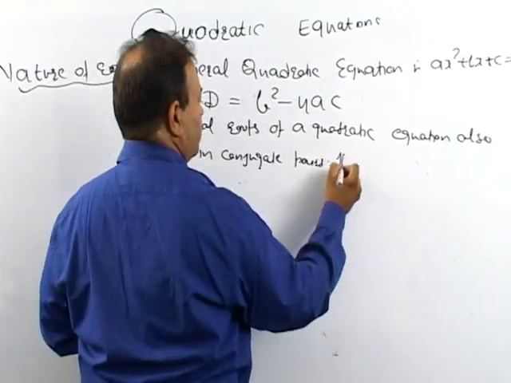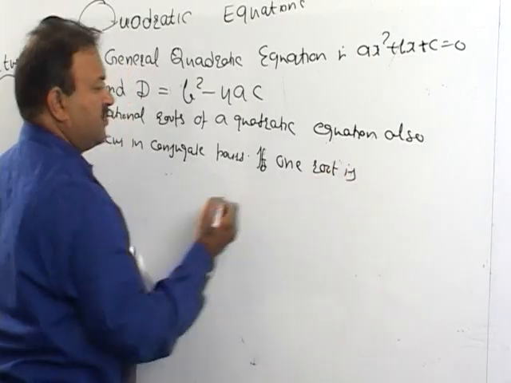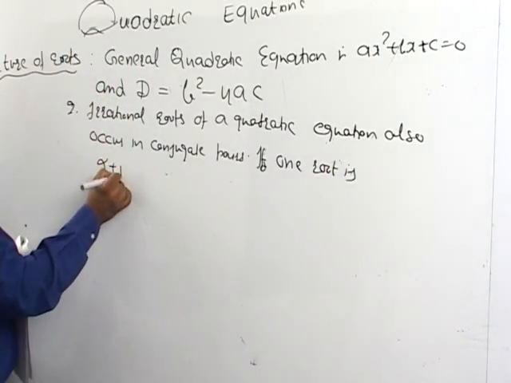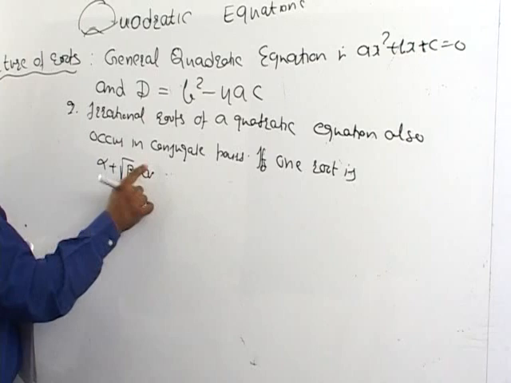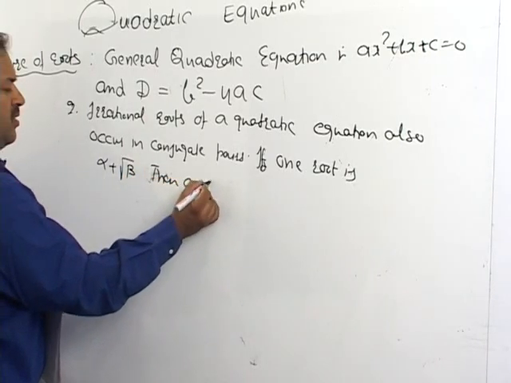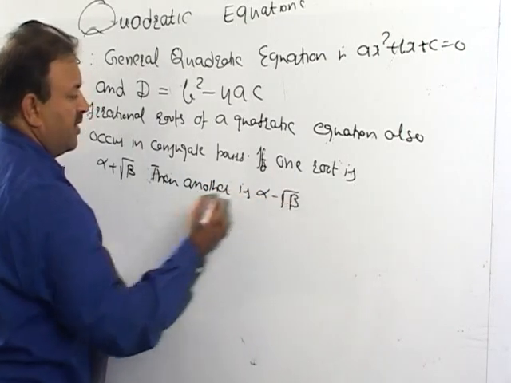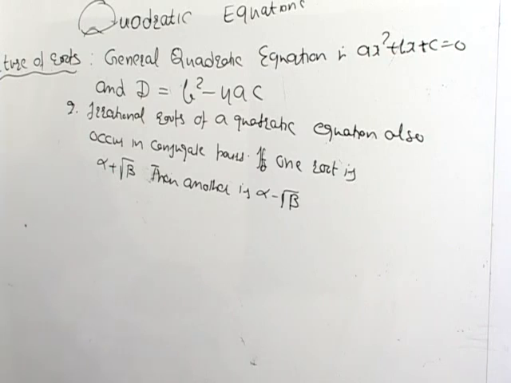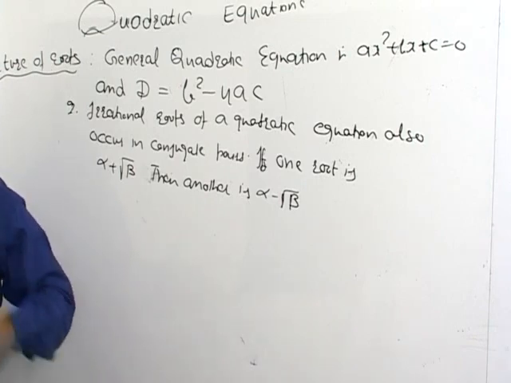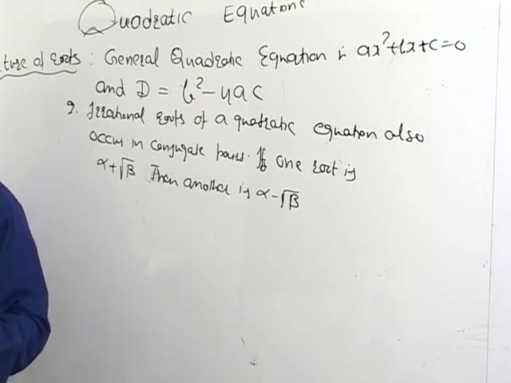If one root is alpha plus root beta, then another is alpha minus root beta. This is about nature of roots. Now we'll solve some questions based on nature of roots and solution of a general quadratic equation.